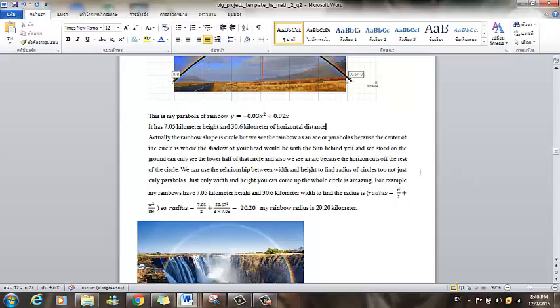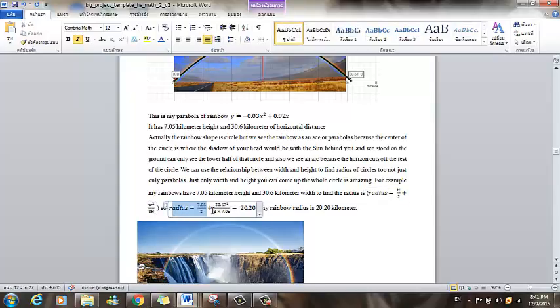Yeah, that is amazing. For example, my rainbow has 7.05 kilometer height and 30.6 kilometer width. To find the radius, I use radius equals height over 2 plus width squared over 8 times height.